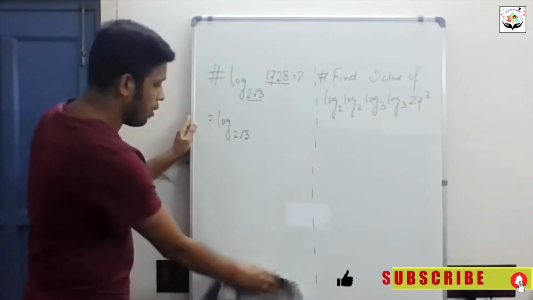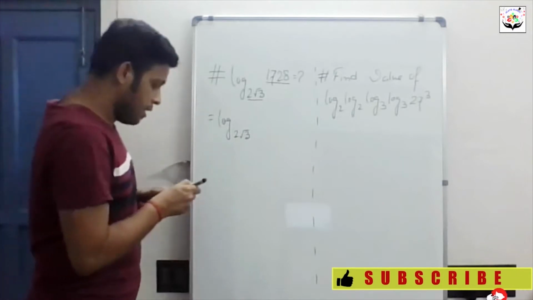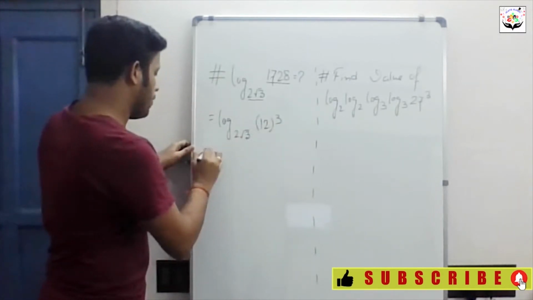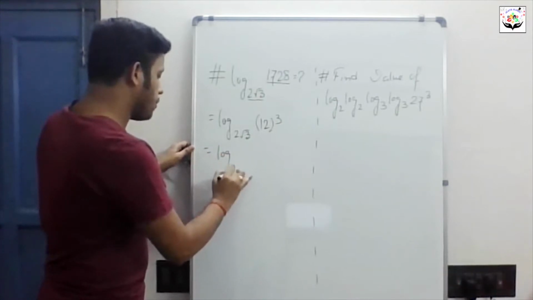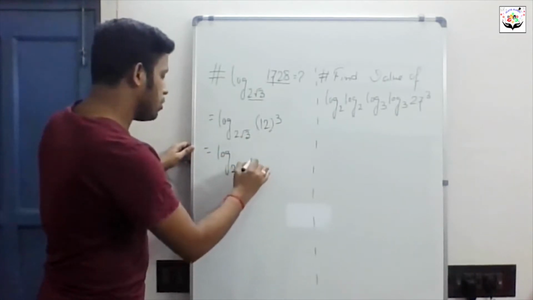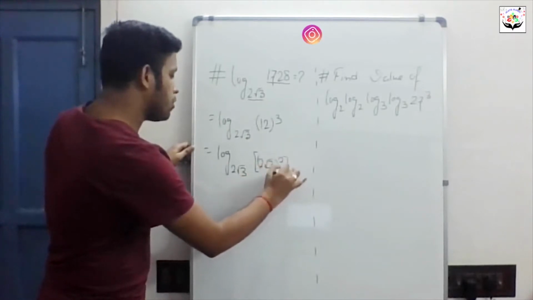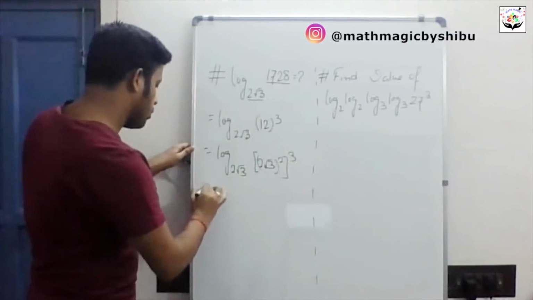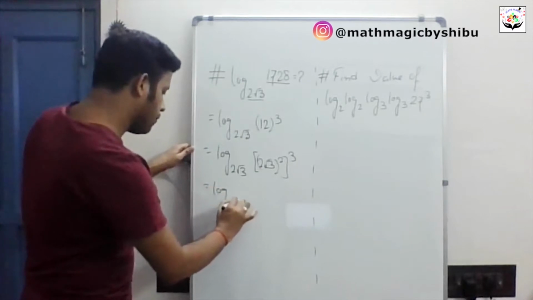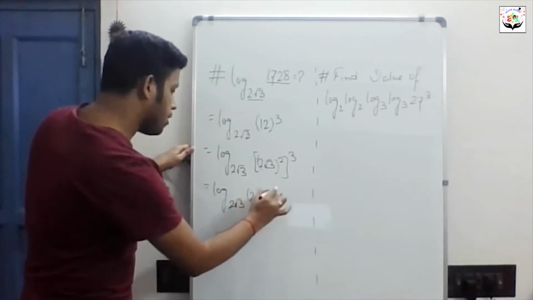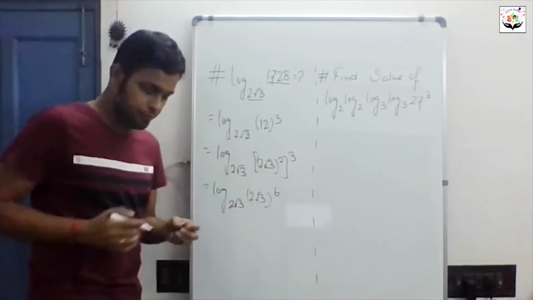Now, what I understood is that 1728 is a cube of 12, and we know 12 is also the square of 2 root 3. So it will become 2 root 3 to the power 6, right?